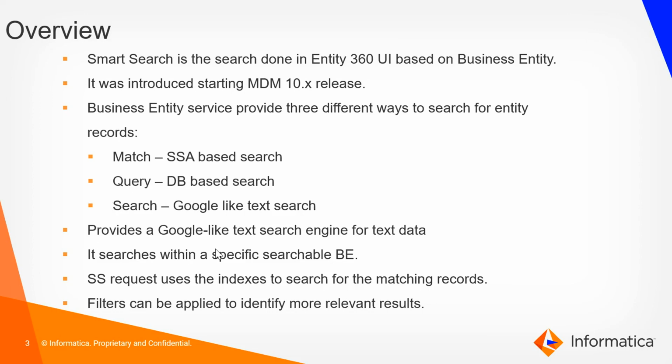It provides a Google-like text search engine for the text data. Whatever I want to search, I can do in my E360 UI application, and those search requests use the indexes created at the Elasticsearch side. Sometimes, to search for a specific data set, we can also apply filters and get the necessary record.